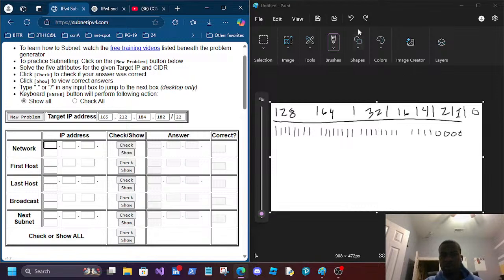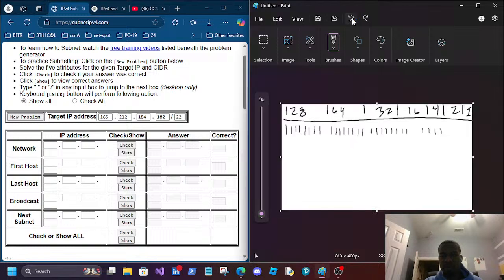So 24, 1, 2, 0, 0, 1, 2, 3, 4, 5, 6, 7, 8. So I know my network host is going to be 165.212. That's /16.